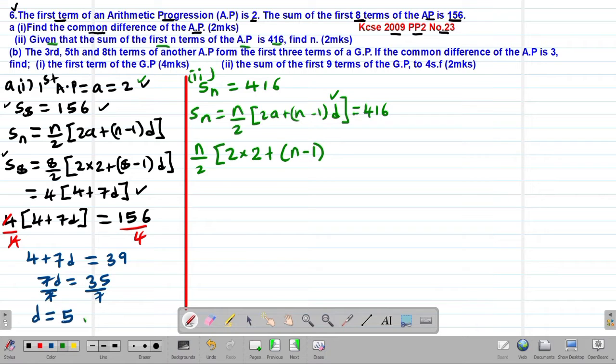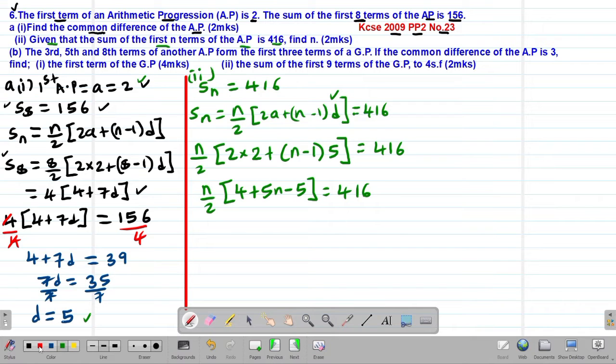The common difference, I've just found it to be positive 5. Then I close the bracket. So the whole of this should give me 416. So this will be n over 2, then into bracket 2 by 2, I'll get positive 4, then plus 5 by n, I'll get 5n, minus 5 times 1, I'll get negative 5.